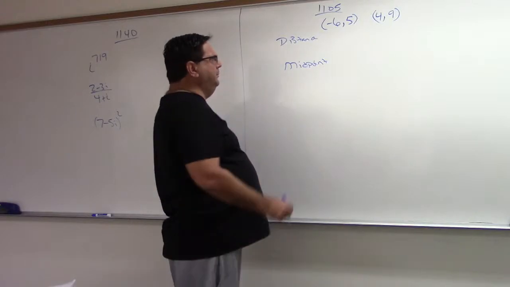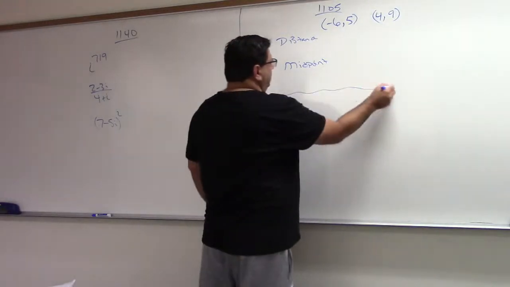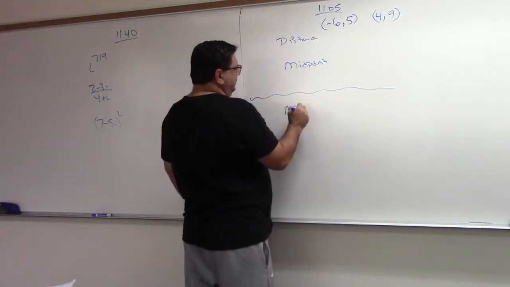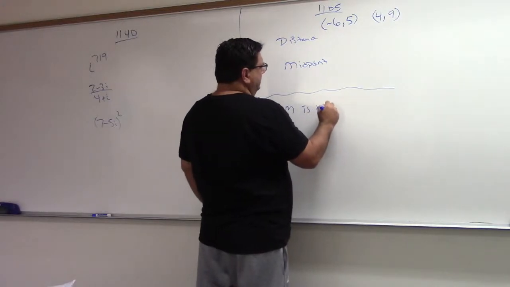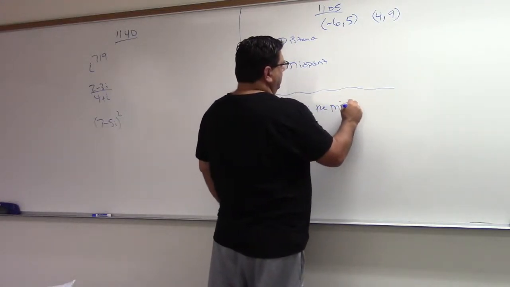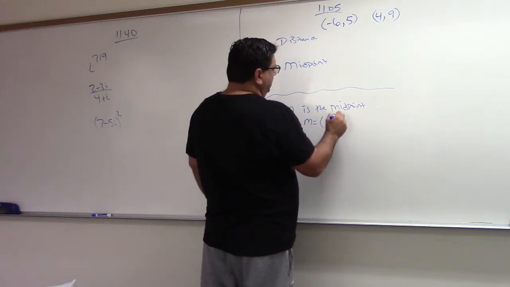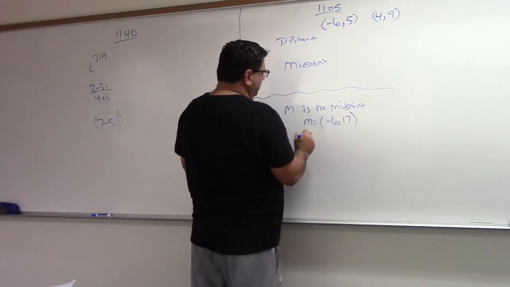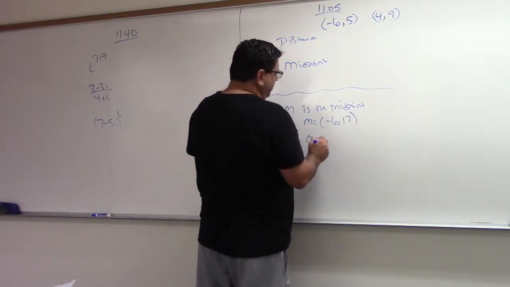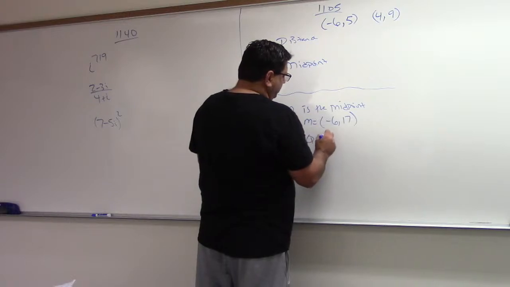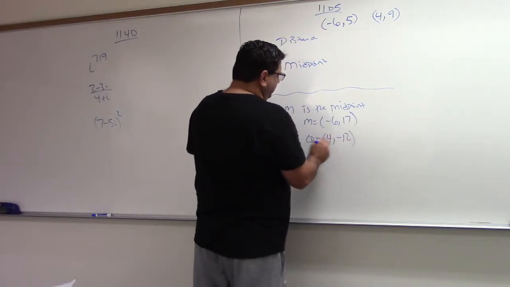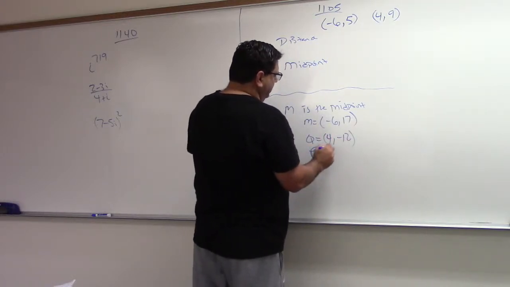Find the distance from the midpoint. M is the midpoint. So M is equal to -6, 17. Q is 4, -12. Find P.